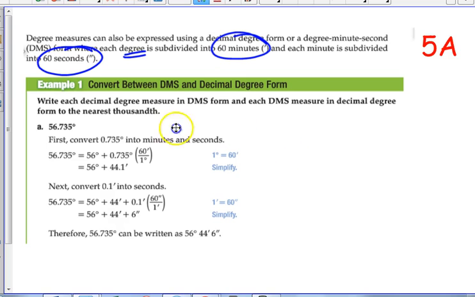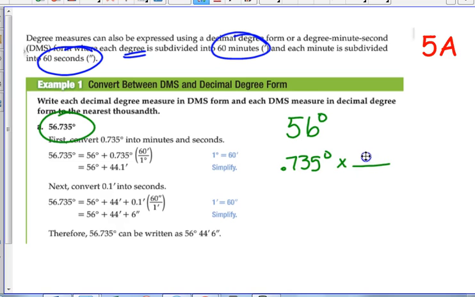But all right, if I was a meanie and made you do this by hand, you would say this is 56 degrees plus an extra part that is degrees. If I want to change that to minutes, there are 60 minutes in 1 degree. So if I do a little dimensional analysis, somebody type for me, 0.735 times 60.